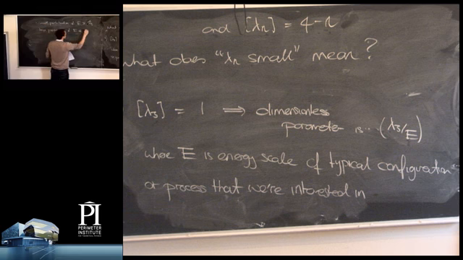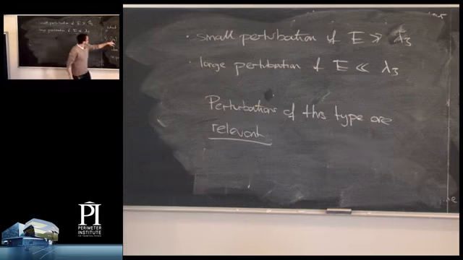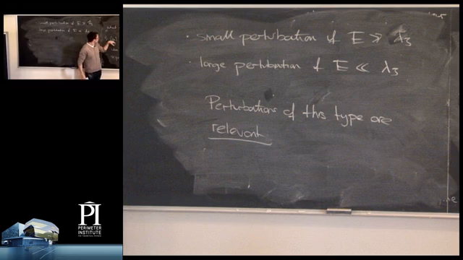If E is much less than lambda 3, it's small. Okay, so there's a name for perturbations whose coupling constant has positive mass dimension of this type, and they're called relevant.